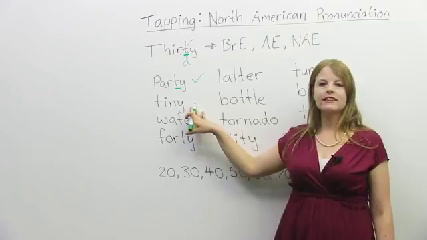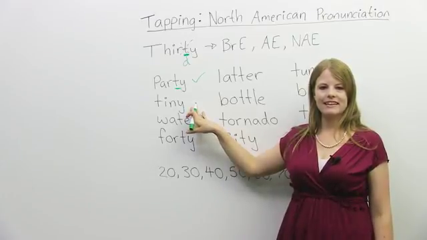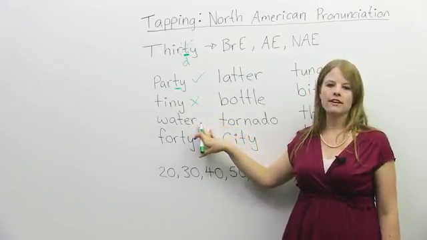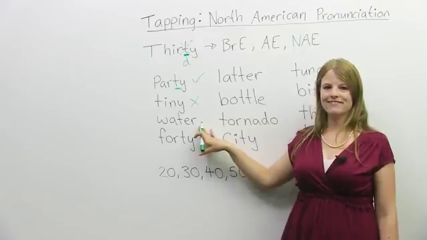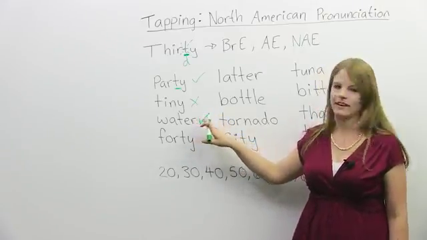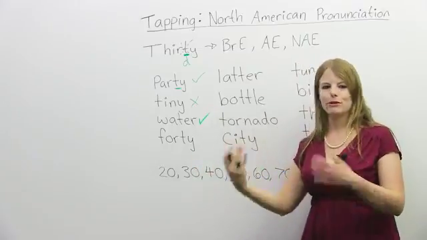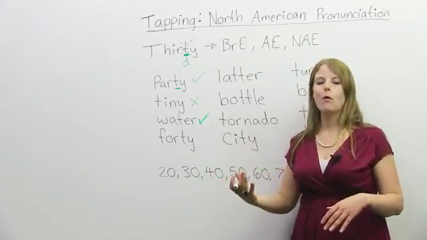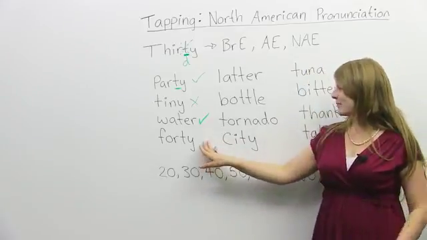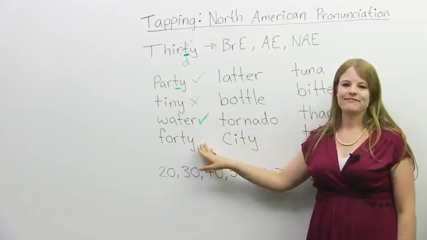The next word, tiny. Tiny. No D sound. Water. There is a D sound here. So again, North American pronunciation. British people would probably say something different like water. The next one, 40.